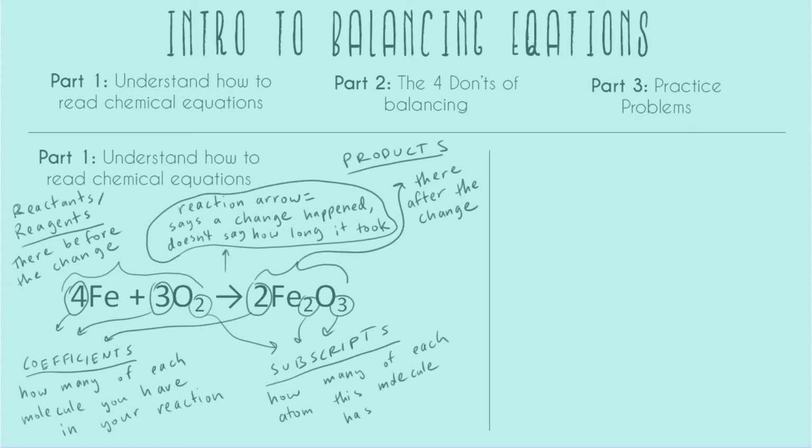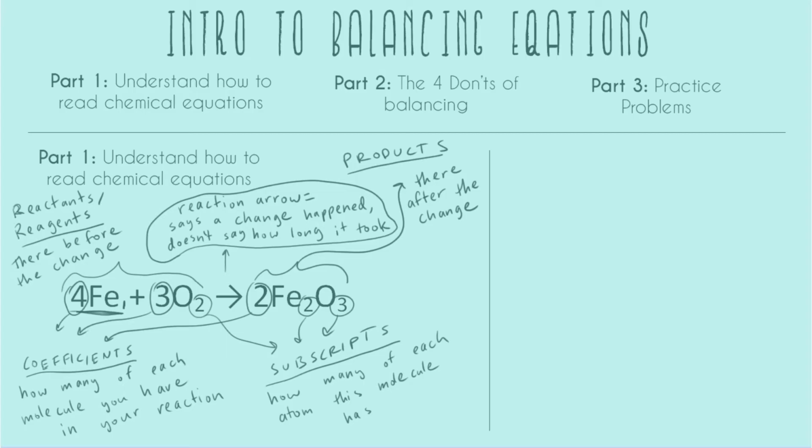And so if there's no subscript, for instance, over here on our original iron atom, if nothing is written, it means it's an implied 1. Every single iron atom, there's just 1 of them, and we need 4 individual iron atoms to combine with oxygen. So if you don't see any subscript for an atom, it just means that only takes 1 of them. So there still is a subscript there, it's just invisible.